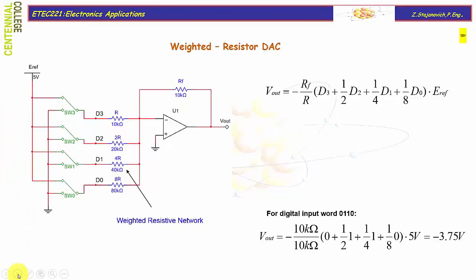The weighted resistor DAC shown is based on a summing amplifier. The number of rungs in the resistive network corresponds to DAC resolution, or number of bits, and in this particular case it's a 4-bit configuration. Operators D0 to D3 represent the binary input.